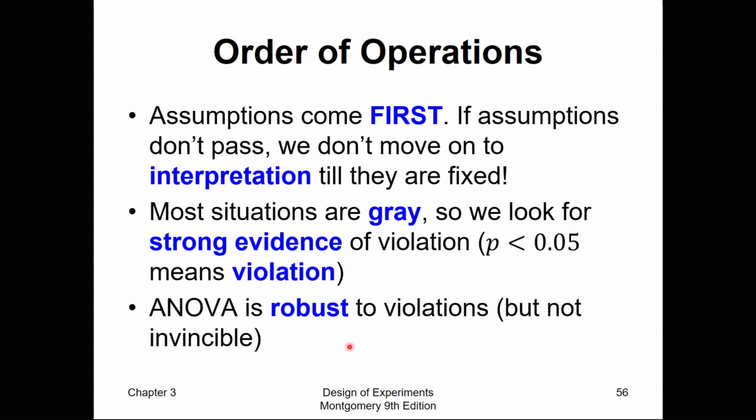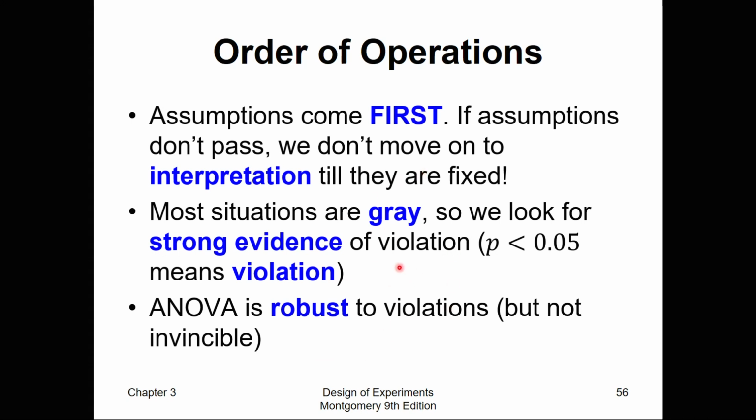So again, it's not invincible, though it is robust. You can't have massive violations of these assumptions and expect it to work out well. What you can say is that if it's even a moderate violation, it tends to be okay and we can still move on. But if it's a massive violation of one of these assumptions, then you're really going to need to stop, and you can't move on until you fix the assumption.